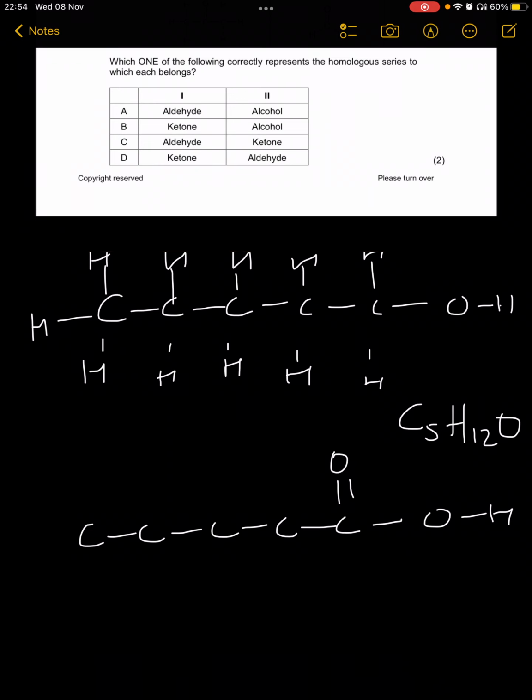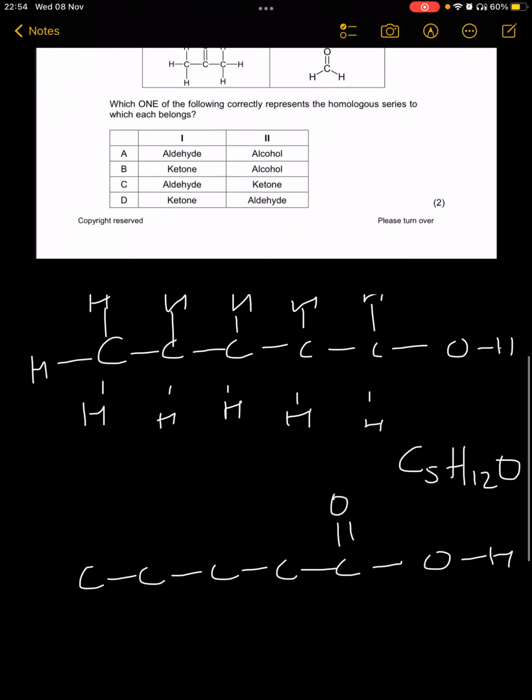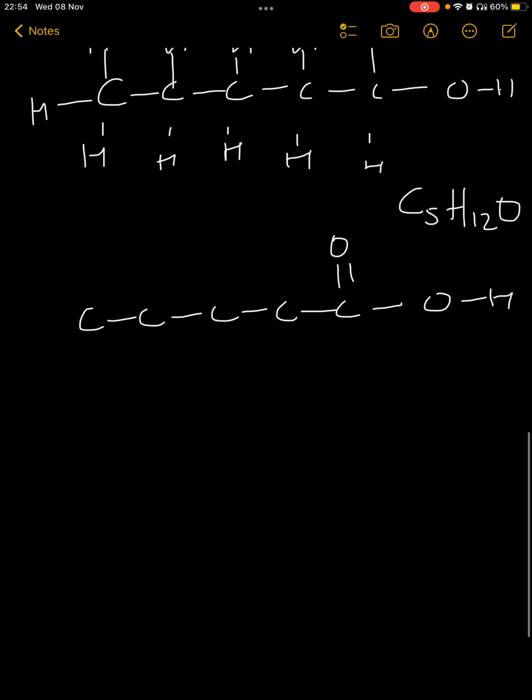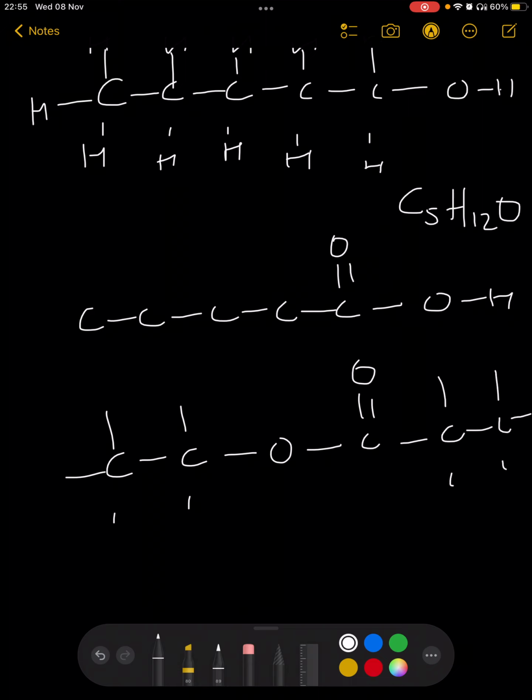Then, if we look at the third option, what is it? Ethyl propanoate. Now, ethyl propanoate comes from an ester. Ethyl, meaning this alkyl substituent or alkyl group, comes from ethanol, and then propanoate is C double bond O and the CH3 and CH2.